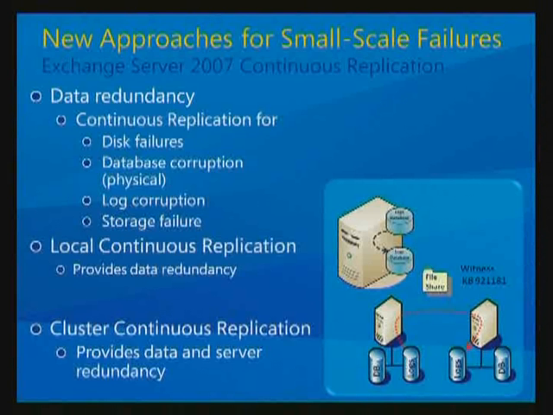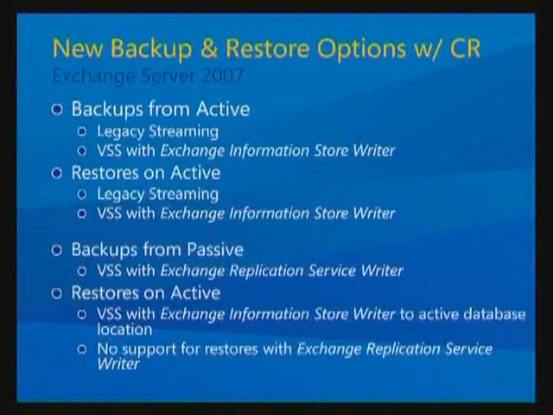So what are some of the new backup and restore options with continuous replication? We had this question in the earlier session this afternoon. You can take backups from your active or your passive. The backups from your active can be either the legacy streaming, or they can be the VSS from using the information store writer.